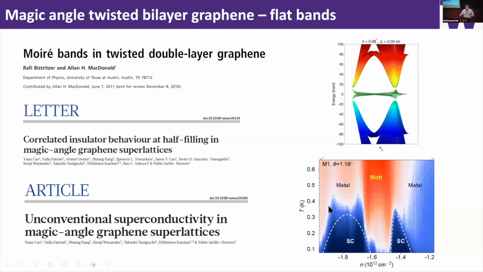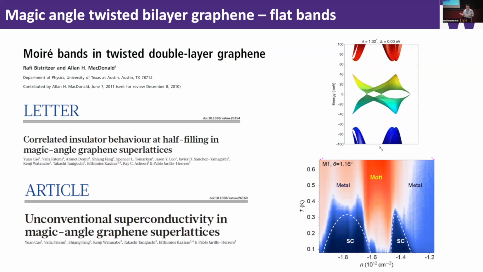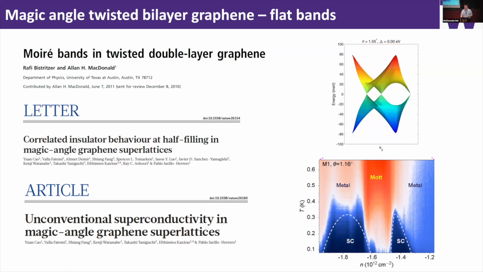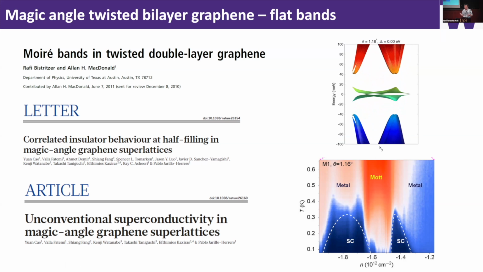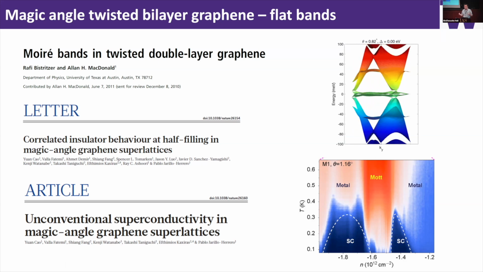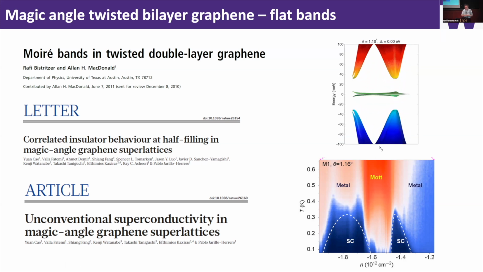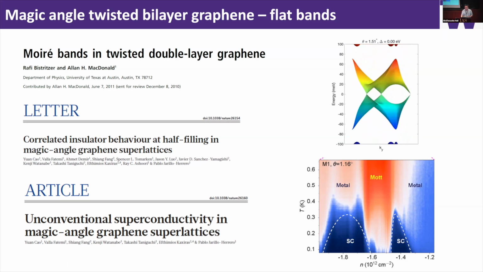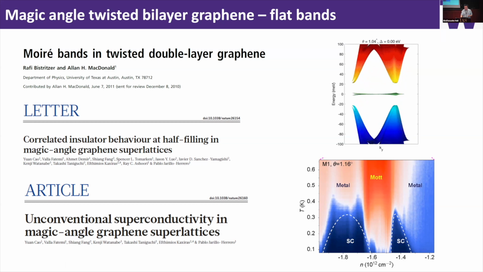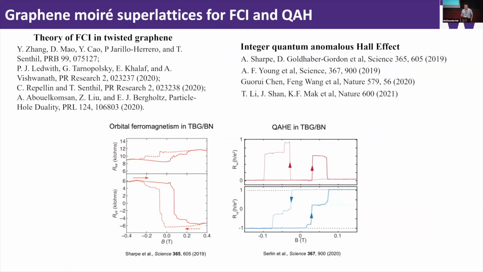And this is a really exciting discovery, which basically excited the whole field. And we now have a very exciting field of moiré quantum materials looking for all sorts of different phenomena. One of the exciting phenomena is to look for topology in magic angle graphene systems.